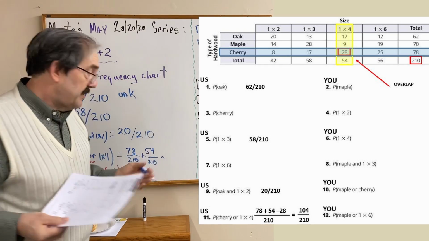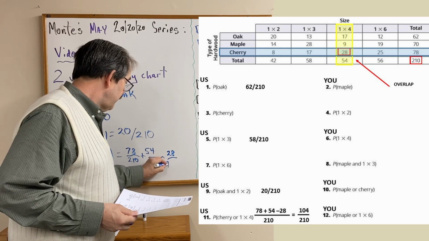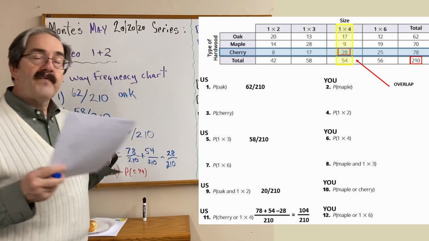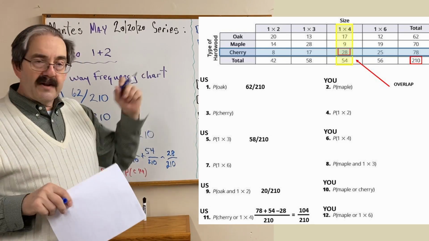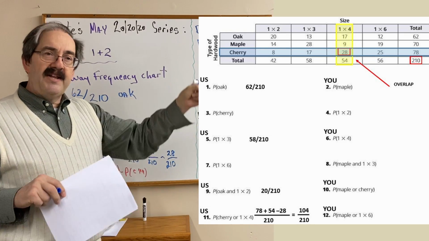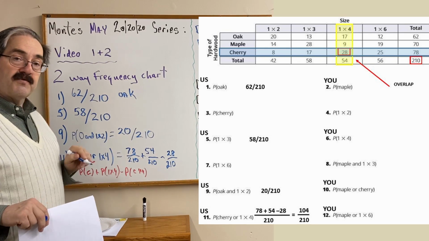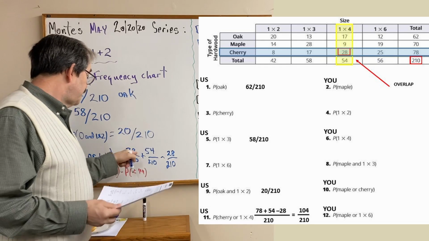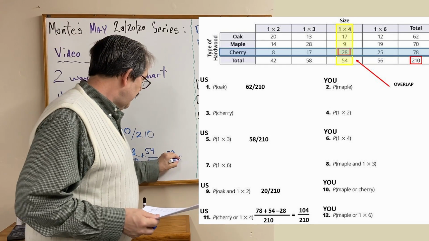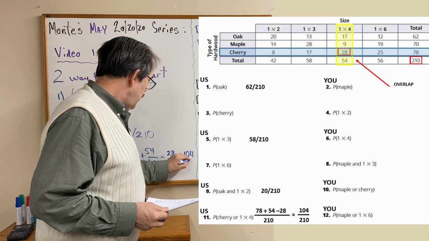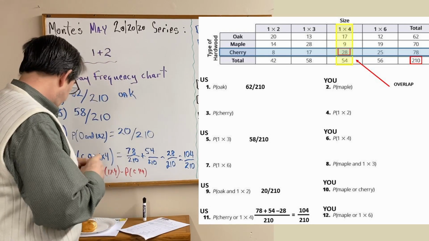We added it in twice. So now we got to subtract off the 28. I love these two-way frequency charts. I love when we're drawing the cards out of the deck because it's easy to see the overlap. So whenever there's an or, we have to subtract off a little bit. So let's just do the math. 78 plus 54 minus 28. We get 104 over 210. Cool?